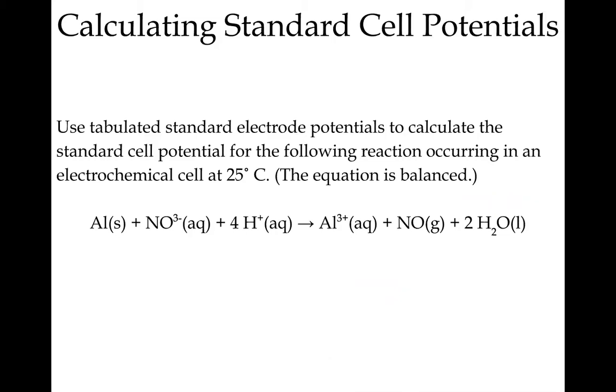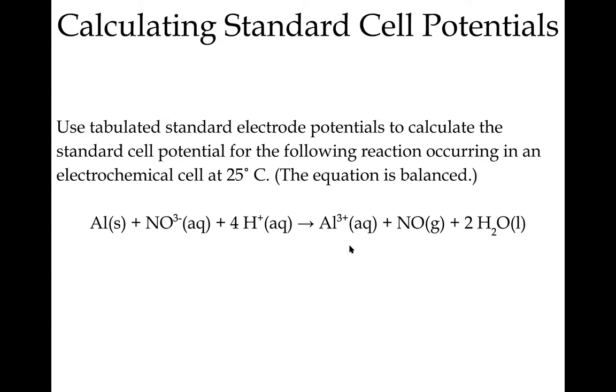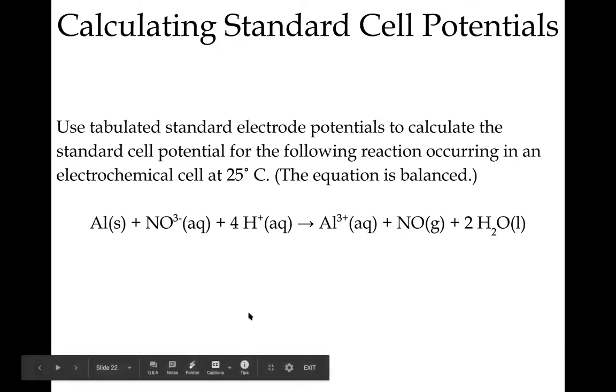You have to determine which species is being oxidized and which is being reduced. Once you have that figured out, it's simply looking up the cell potential values for those. Okay, so I'm going to pause it here and give it a go. See what you can come up with.